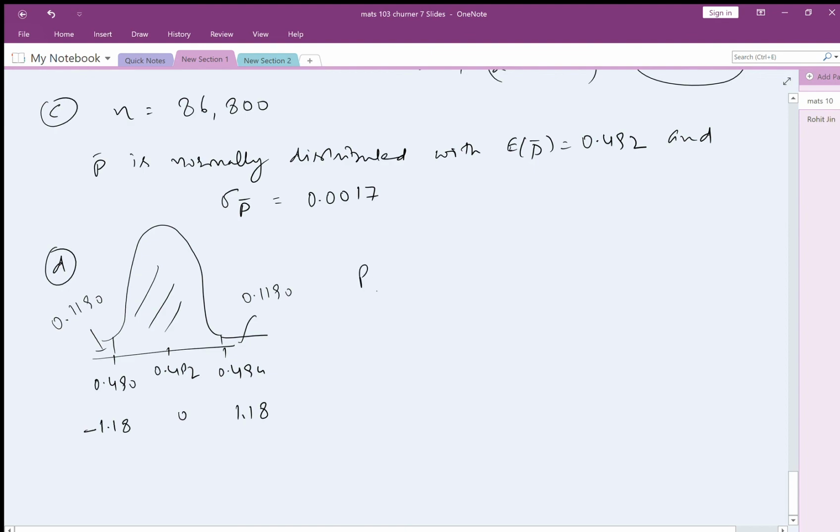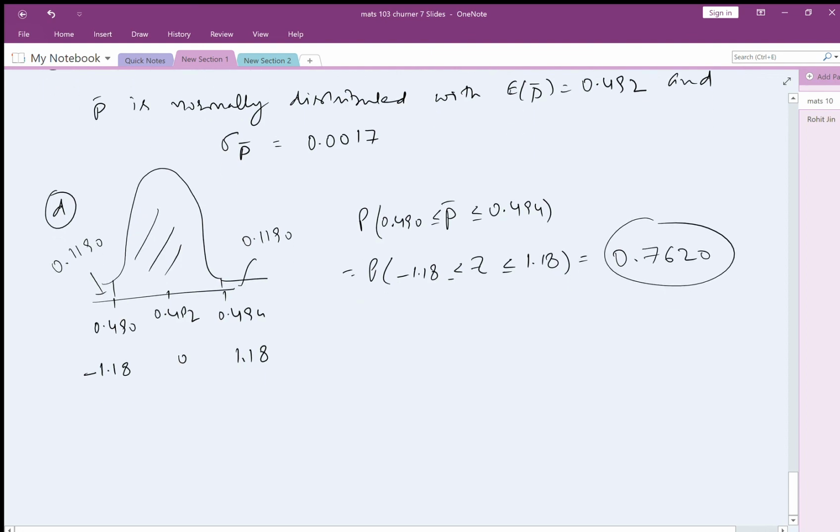So the probability that p bar is between 0.490 and 0.494 is the same as the probability that the z-score is between negative 1.18 and positive 1.18, and if you solve this you should get 0.7620. So the probability has gone down because the sample size decreased.